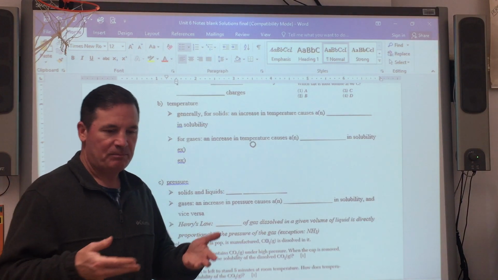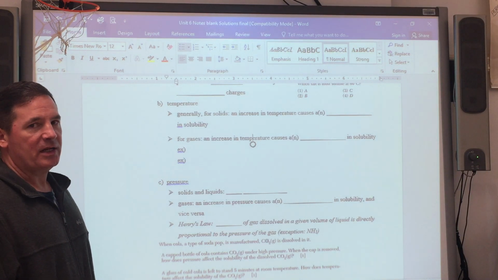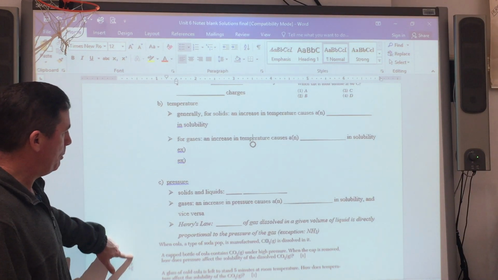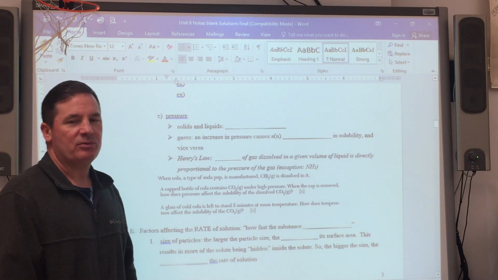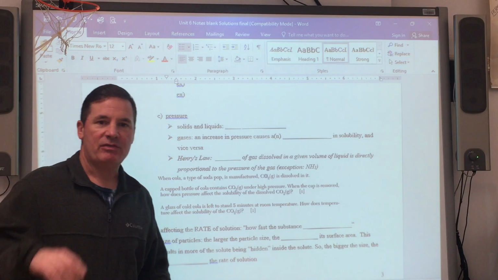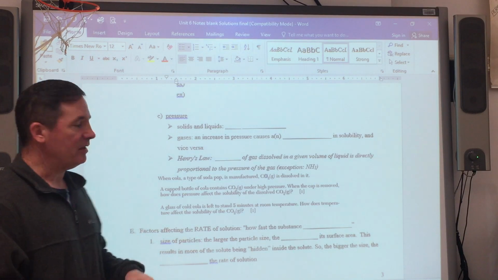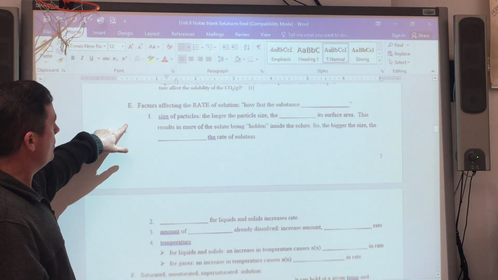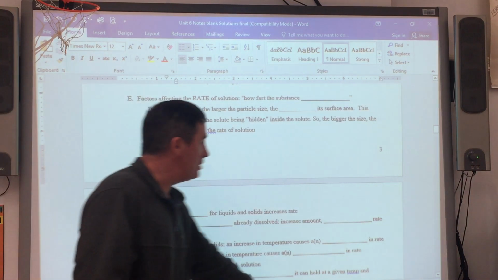The extra temperature pushes the carbonation, the carbon dioxide, out of there. And lastly, pressure. For solids and liquids, the pressure doesn't really have any effect. But in a gas, if it's under pressure, you keep it capped to keep the carbonation in there.